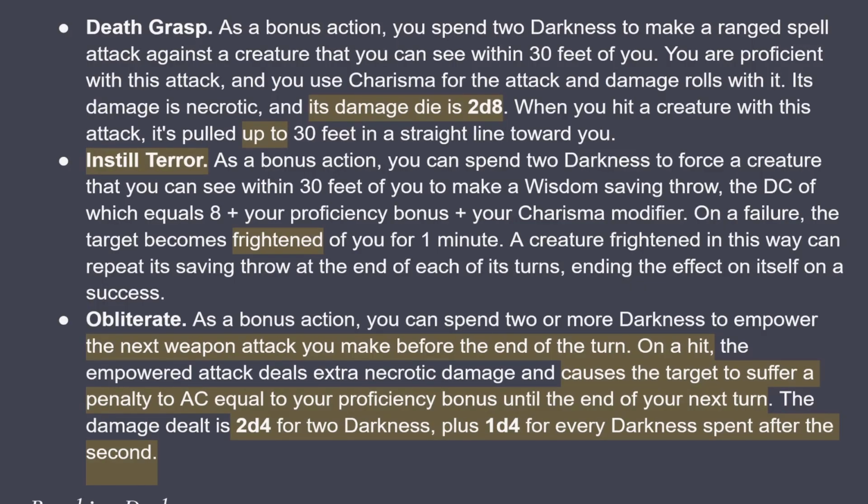Anyway, why not take Dual Wielder? Well, you might really love it for level 4, 5, and 6, but as soon as you hit level 7, I feel like you're going to be wanting to use your bonus action on one of these options every round, because they are all pretty solid.